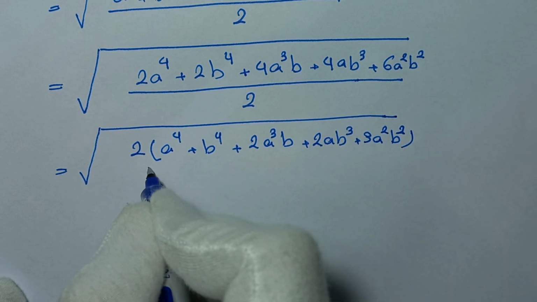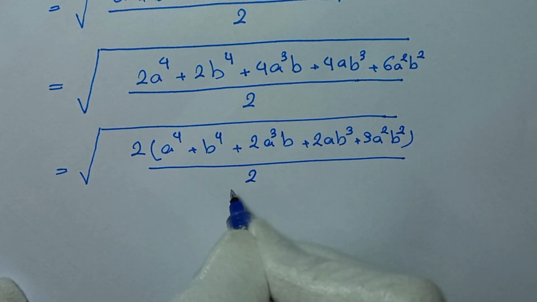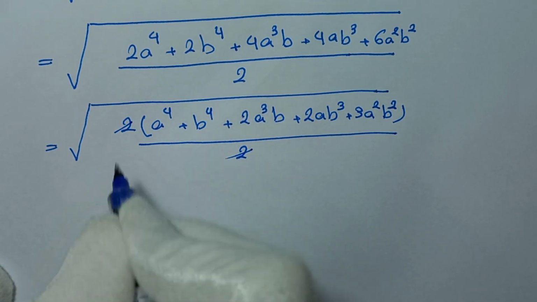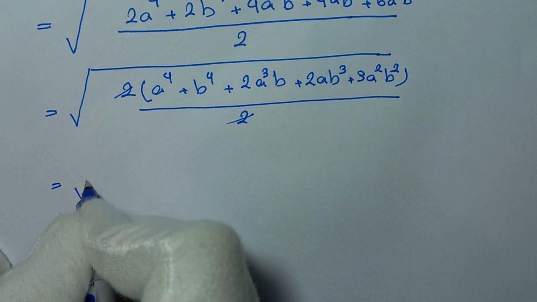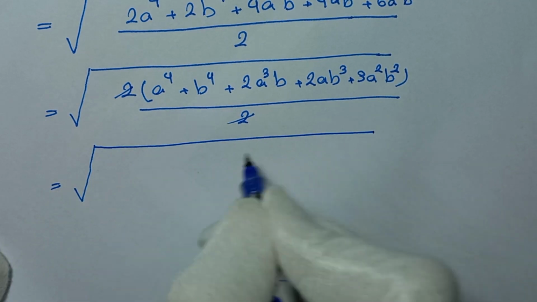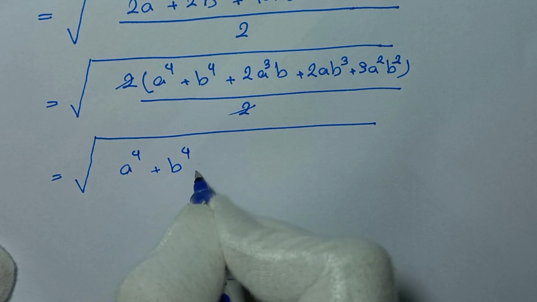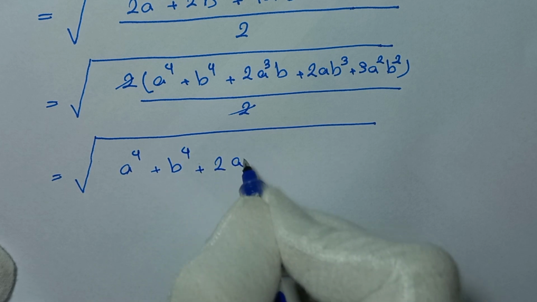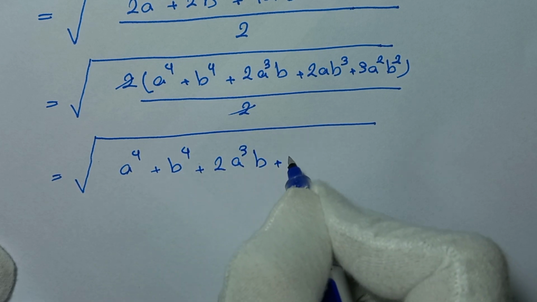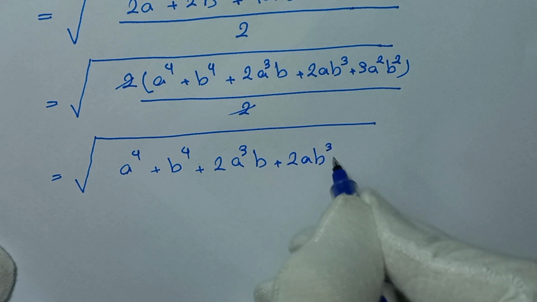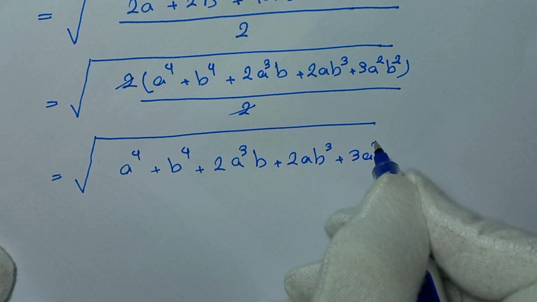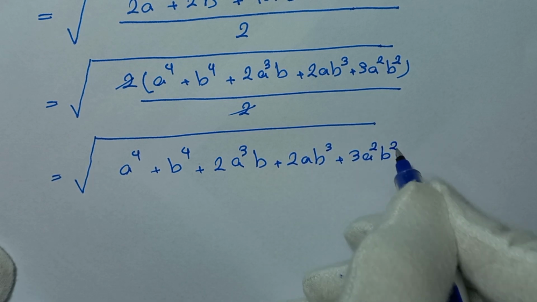And over 2. And here these two will cancel, so it will be the square root of a to the power of 4 plus b to the power of 4 plus 2a cube b plus 2ab cube plus 3a square b square, right?